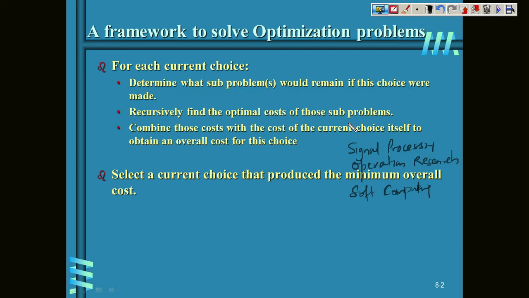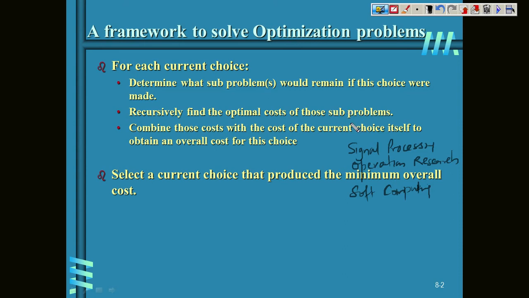So at every step, when you are deciding the solution for a subproblem, you need to check what it will cost if you choose a particular solution for it. When we talk about dynamic programming, here we are using some heuristics that guide us on how to move while solving the problem. So recursively find the optimal cost of those subproblems.